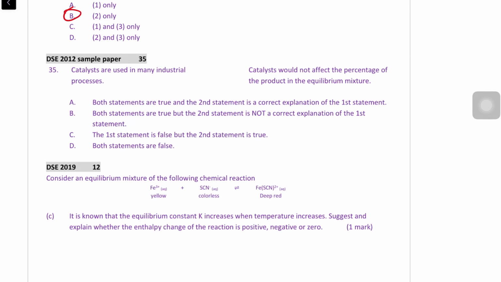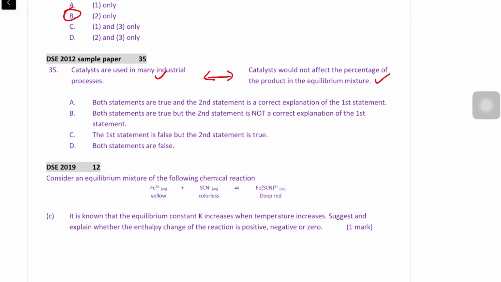The final one. Catalysts can be used in many industrial processes. Sure. Catalysts will not affect the percentage of product in the equilibrium mixture. This is also correct, but the two statements have no relationship to each other, right?